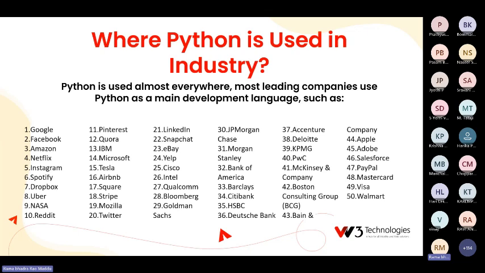So in industry, which companies are using Python? I placed here 50 companies, but it is not limited to 50, it is nearly 1,000-plus companies.